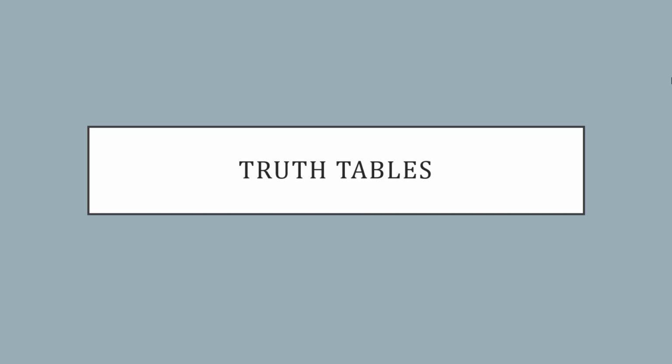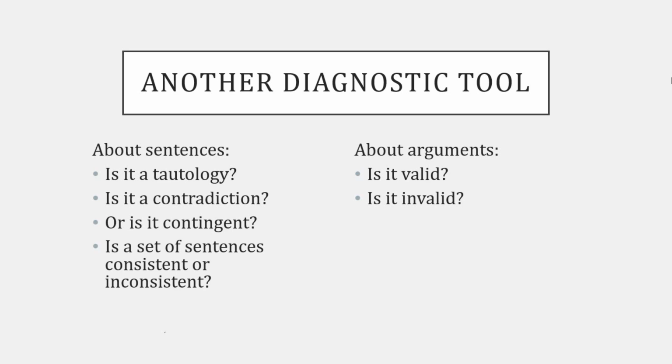So on to this week's material, which is truth tables. Truth tables are another diagnostic tool that we have in our toolkit. You can do a whole bunch of different things with truth tables. For example, you can apply them to just sentences or sets of sentences.